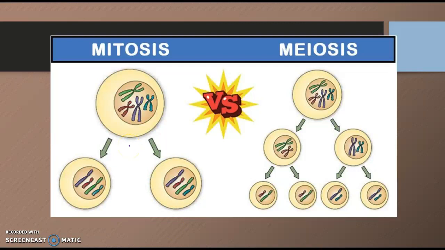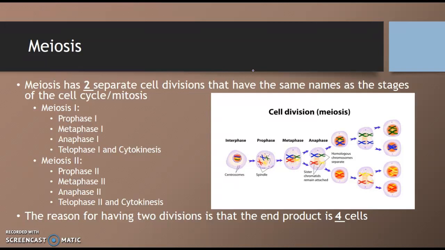So here we go, mitosis. We're going to have two new cells that are diploid and exact copies, but in meiosis we're going to create four haploid cells that are individually unique. Meiosis has two separate cell divisions, and they have the same names as mitosis, which is really nice.